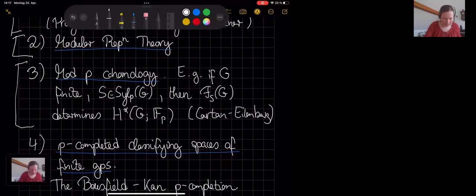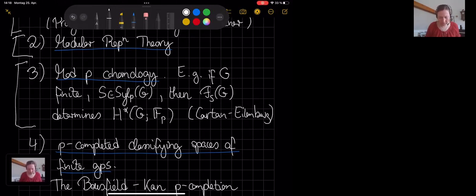Then some motivation comes from p-cohomology. If G is a finite group and S is a Sylow p-subgroup of G, then it is a classical theorem by Cartan and Eilenberg, the stable elements formula, which says that the mod p cohomology, so the cohomology with coefficients in the field with p elements, is determined by the fusion system F_S of G. But there are also some more results.